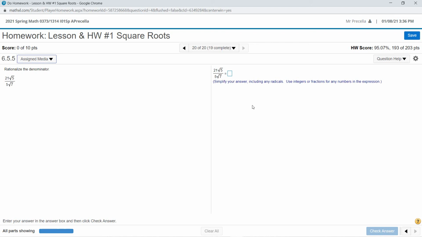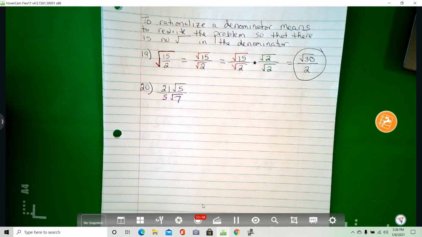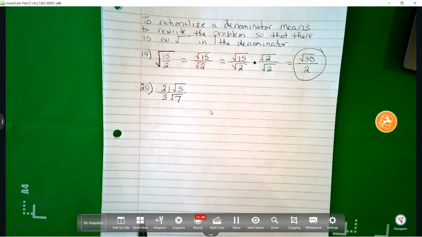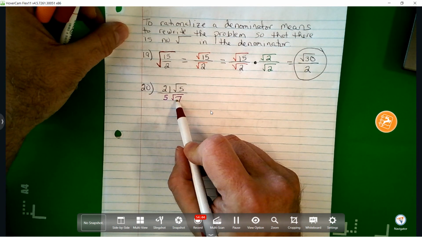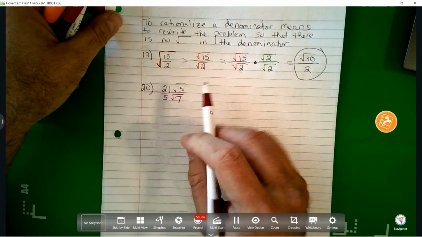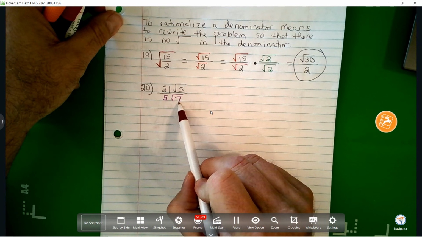So 21 square root of 5 divided by 5 square root of 7. Well, here it's already written with the square root in the bottom. So we need to rewrite this problem so that there's not a square root in the bottom.